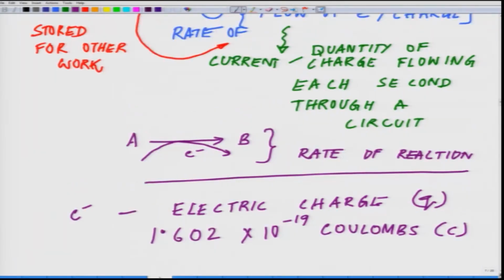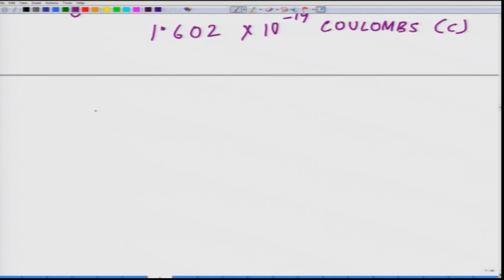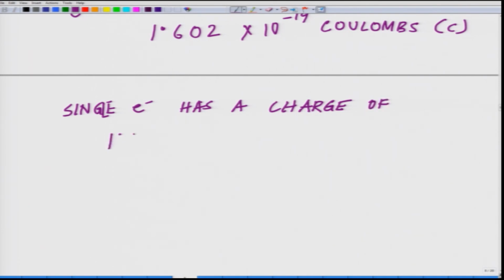Now, this is the charge on a single electron. So, a single electron has a charge of 1.602 into 10 to the power minus 19 coulomb.